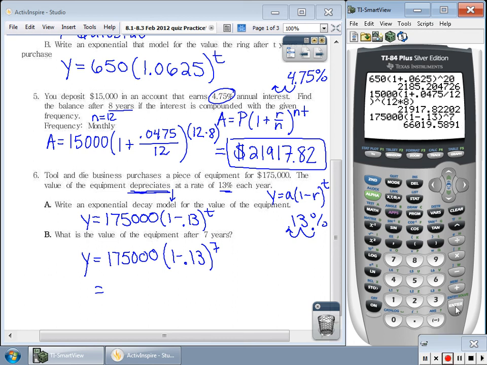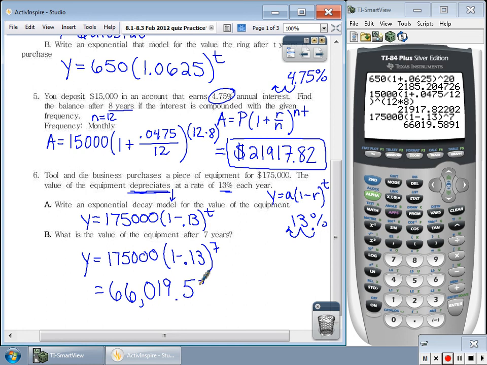And so the value of the equipment is $66,019. And then because this is a 9, we're rounding this number up, 59 cents. Okay? Make sure you set these up correctly here, here, and here, because you definitely get points for those.